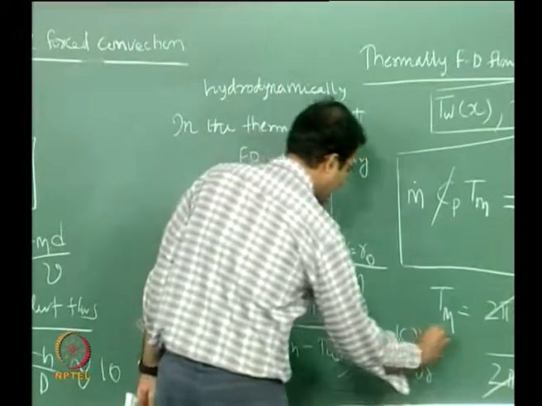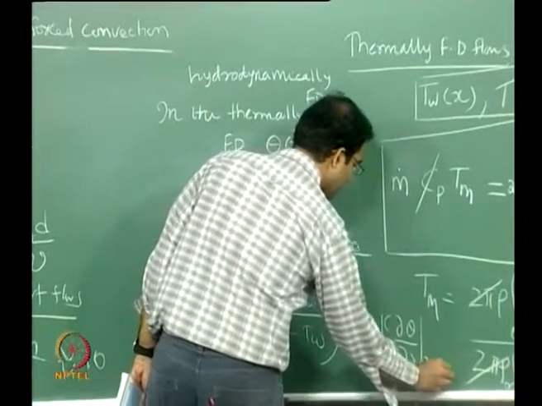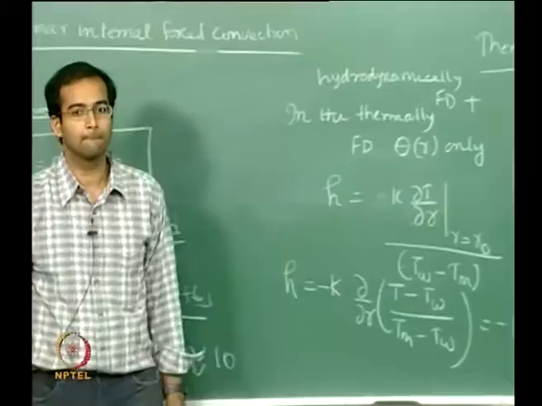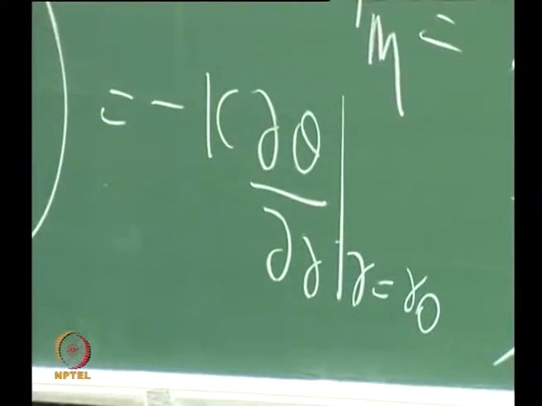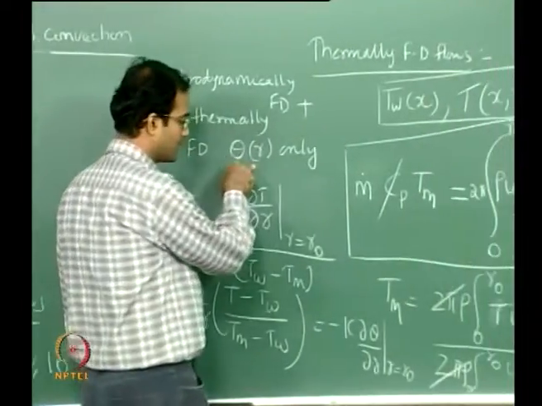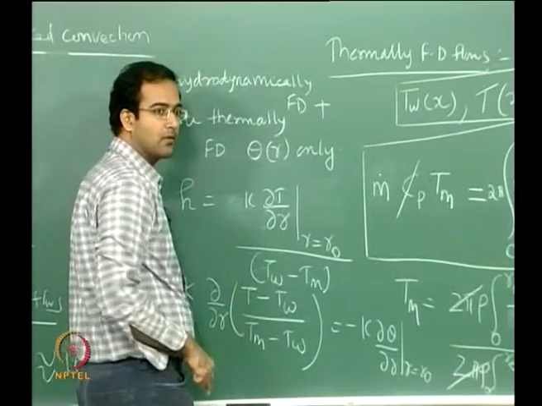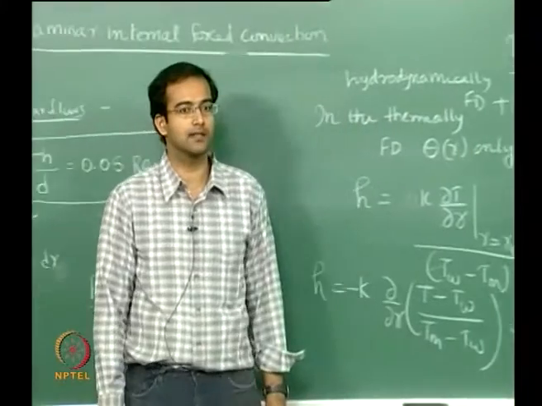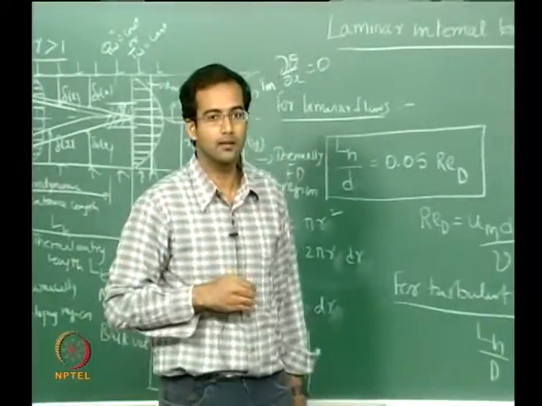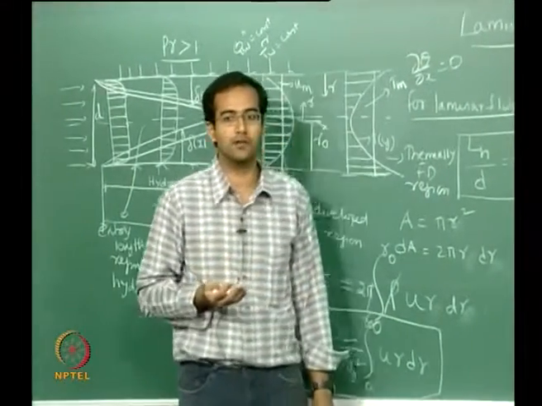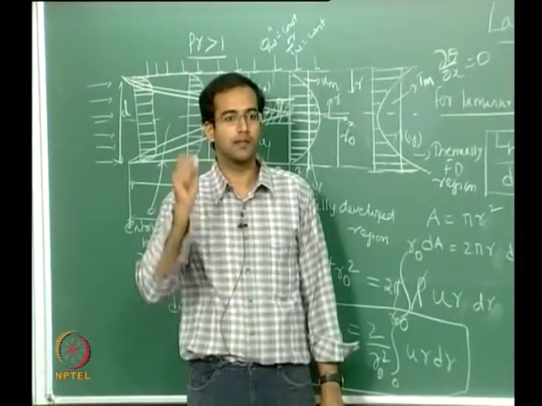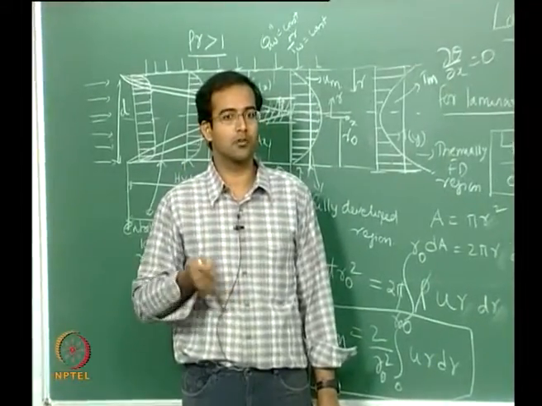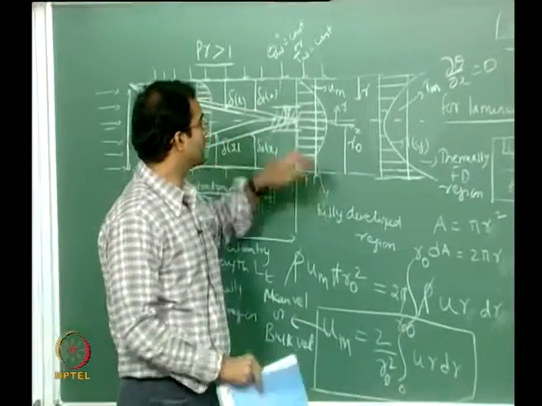Now this is at r equal to r naught. If you look carefully, my theta is a function of only r. Therefore the slope of the profile at r equal to r naught, that is the slope at the wall, also has to be a fixed value. The slope at any point will be a function of r.